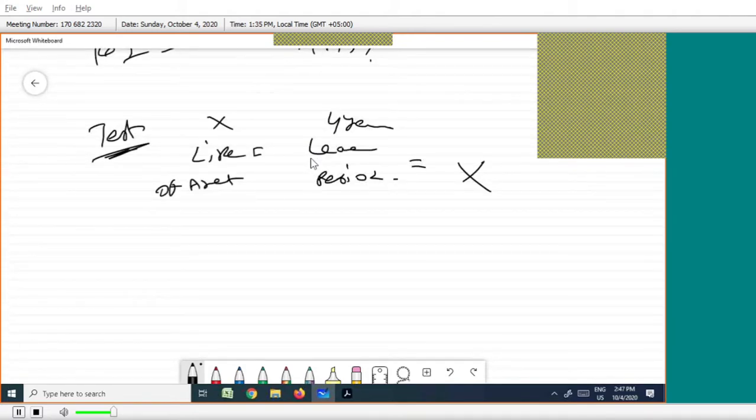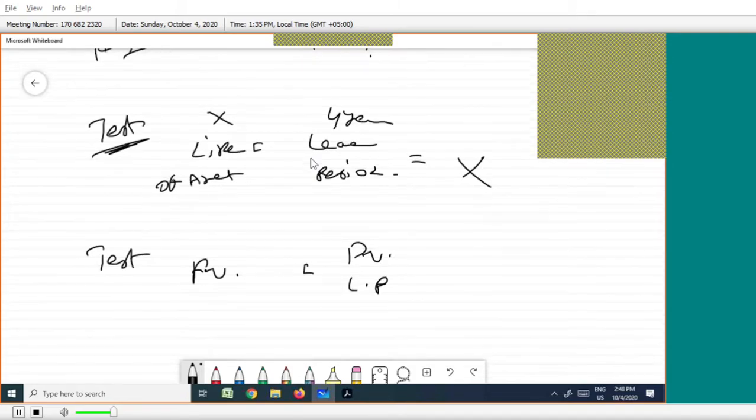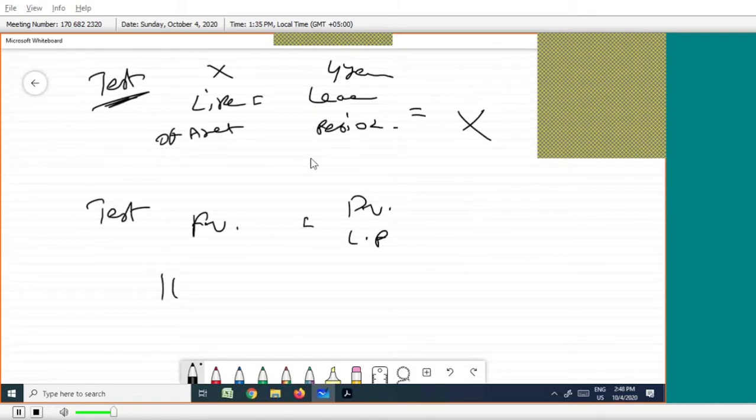Another one is price: fair value and the present value of lease payment, that we have to identify. Fair value is 16 lakhs and total lease payment is 20 lakhs.